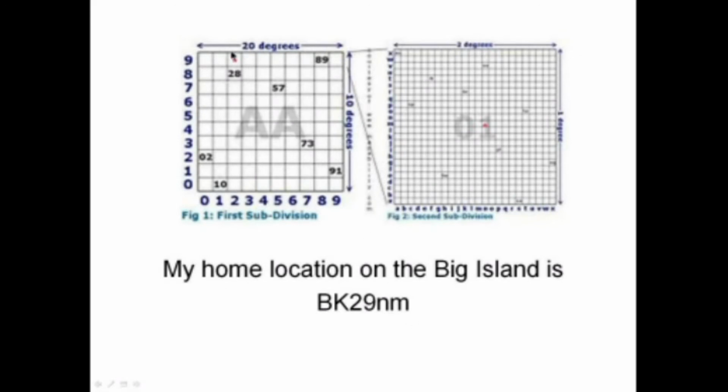Here's 29 right here, where I have the star, and November Mike, where I have the star right there. So in Bravo Kilo, that's where I'm located. Any questions on those? Again, you can find a much more thorough discussion of this on Wikipedia if you're interested.